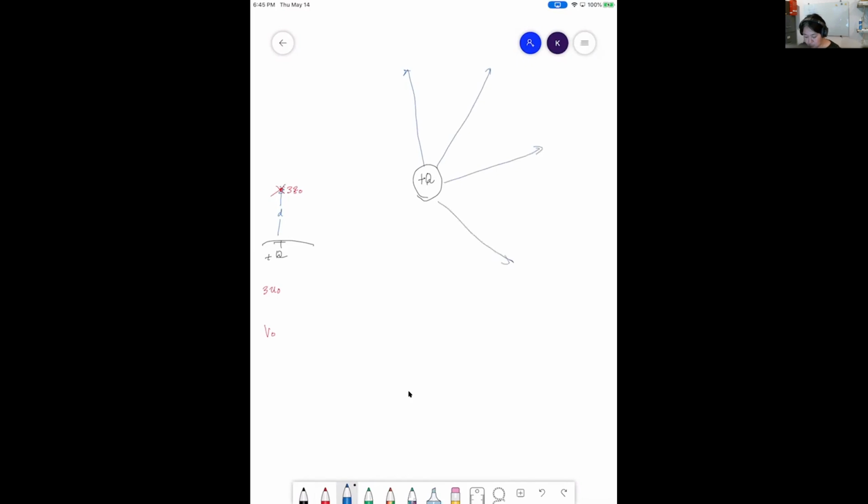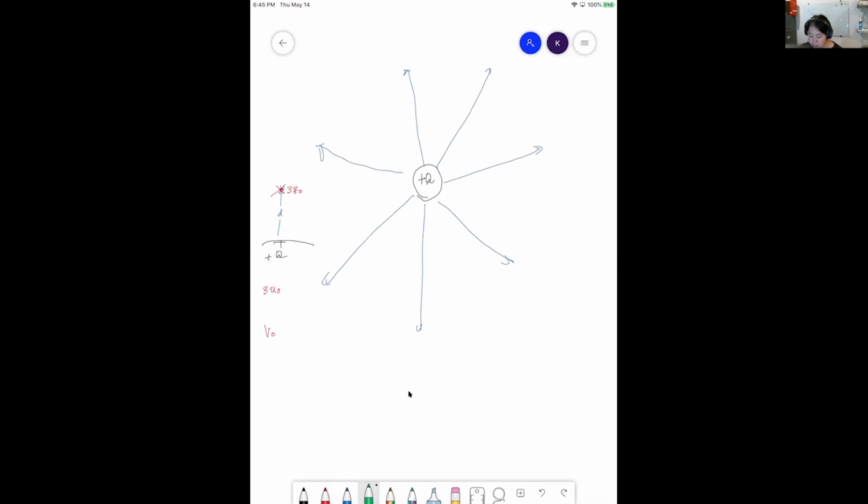Depending on the charge, the number of lines can be more or less. Electric voltage depends on the distance from the electric charge. Closer to the electric charge, you have a higher voltage. Farther away, you have a lower voltage, right?